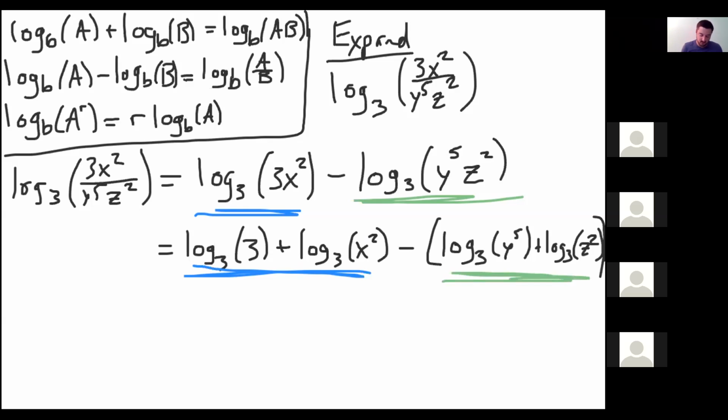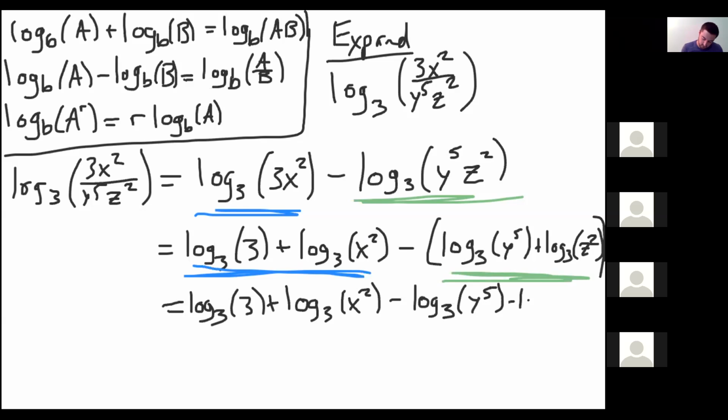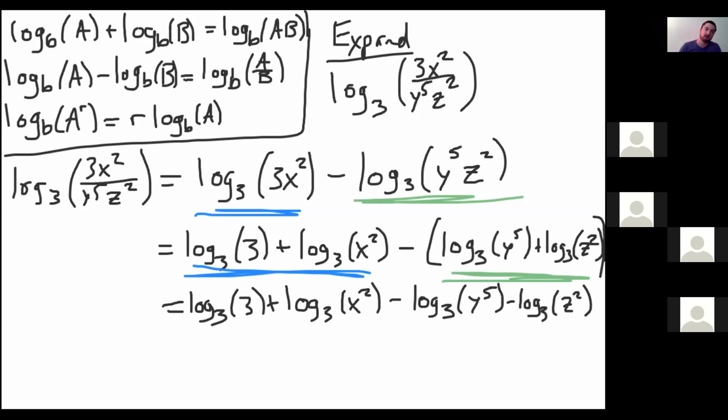I'm just going to take a quick step, not applying any properties here, just to rewrite what I have, mainly distributing that negative sign through. This means I have log base 3 of 3 plus log base 3 of x squared minus log base 3 of y to the fifth minus log base 3 of z squared. Again, I didn't apply any log properties there, I just rewrote what I had.